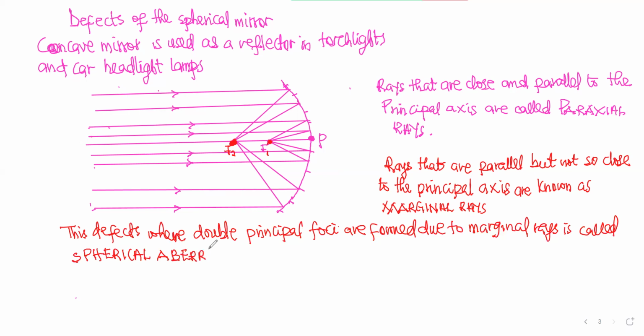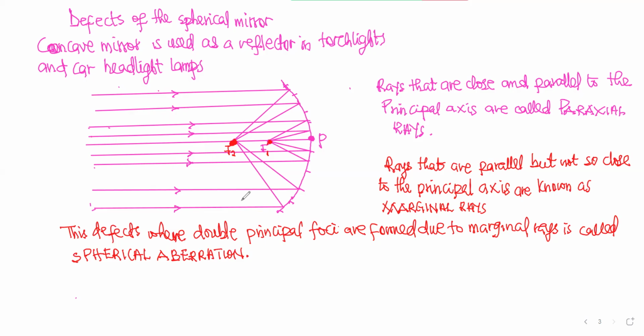So spherical aberration is a key defect of mirrors.